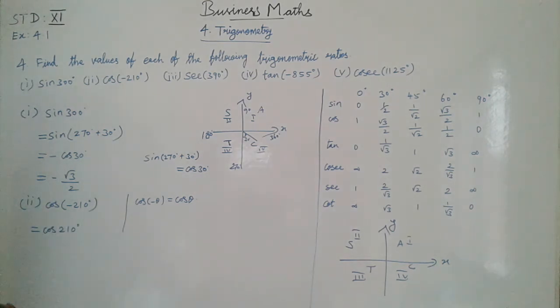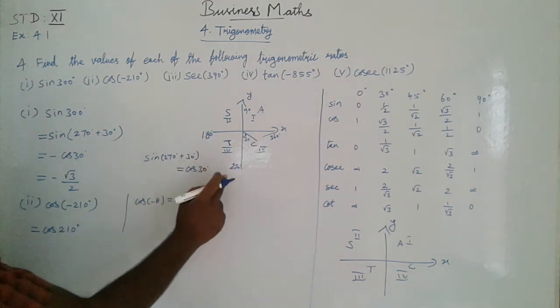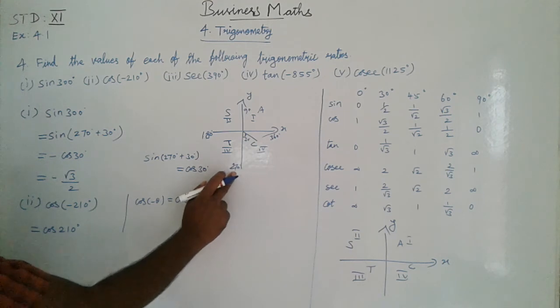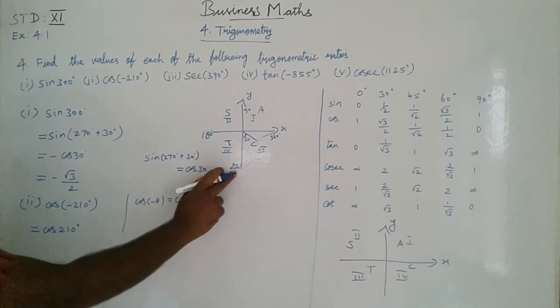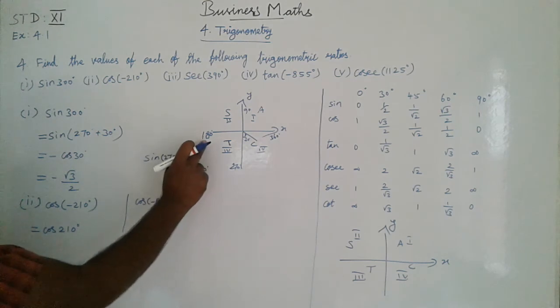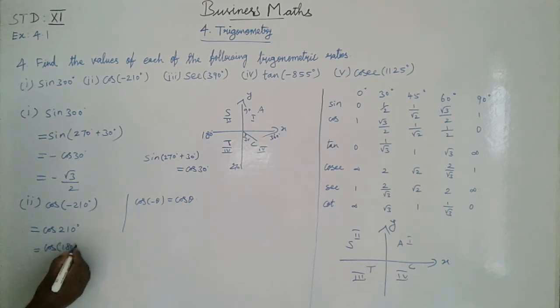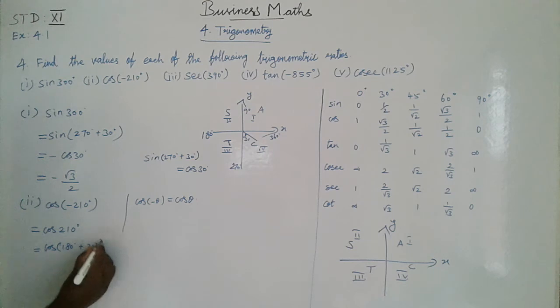Cos 210: we can write 270 minus 60, or cos of 180 plus 30, which gives 210 degrees.